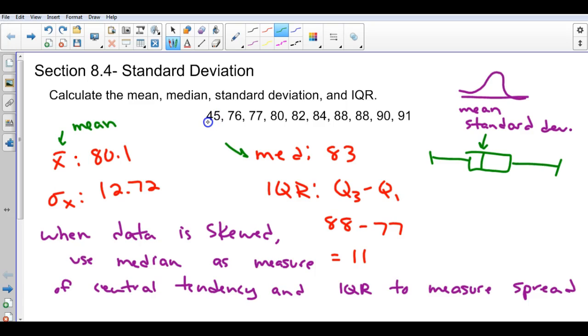If we were to have a really high test score, somebody that got extra credit or something like that, it would make your mean go a lot more to the right, and it would increase your average. So if we don't have those outliers, it's not going to affect our mean. And that's why if your data is symmetric, if you don't have those outliers, you would want to use the mean.